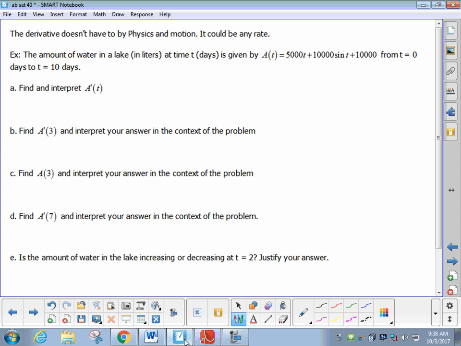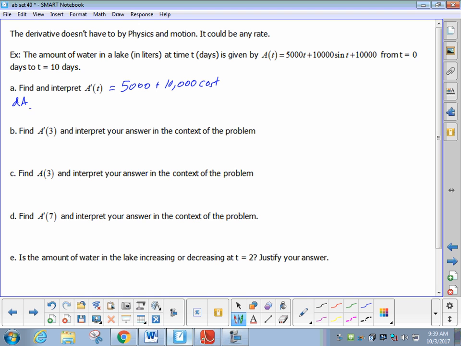A prime at t. What is A prime? 5,000 plus 10,000 cosine t plus nothing, right? Yes. All right, what does this mean?